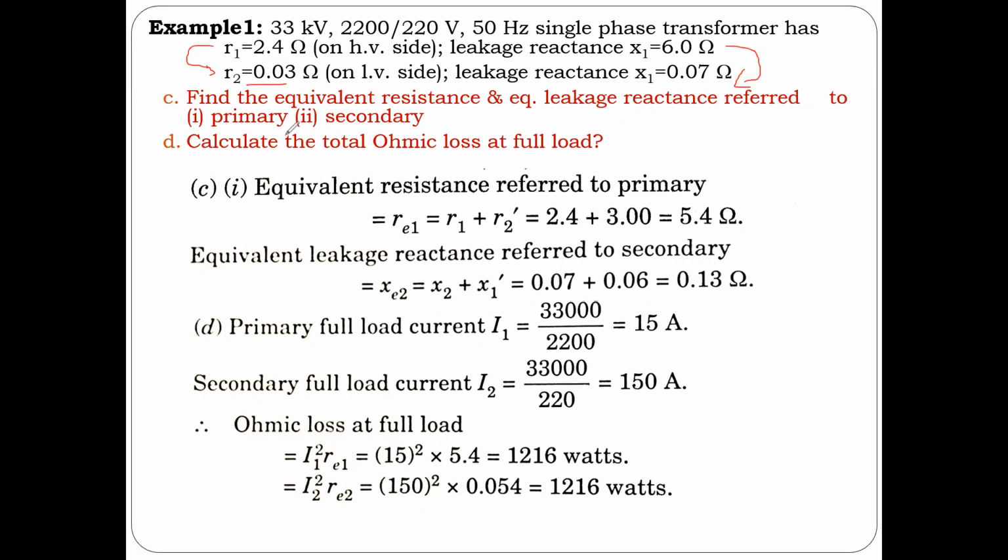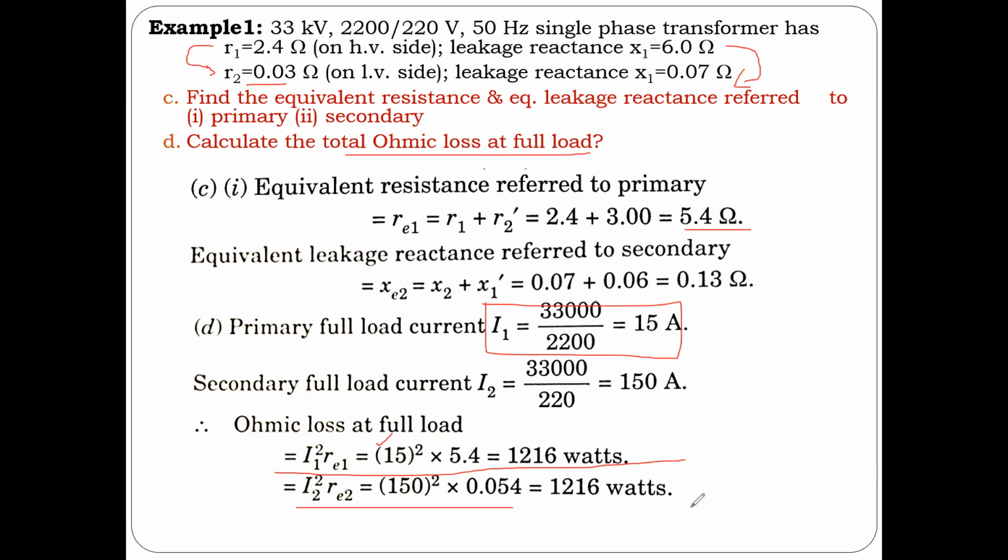And then we have also been asked for the total ohmic loss. So we know the formula. If you're considering the primary side, then it's going to be I squared, which is the rated current on the primary circuit, squared, times the equivalent resistance on the primary side.